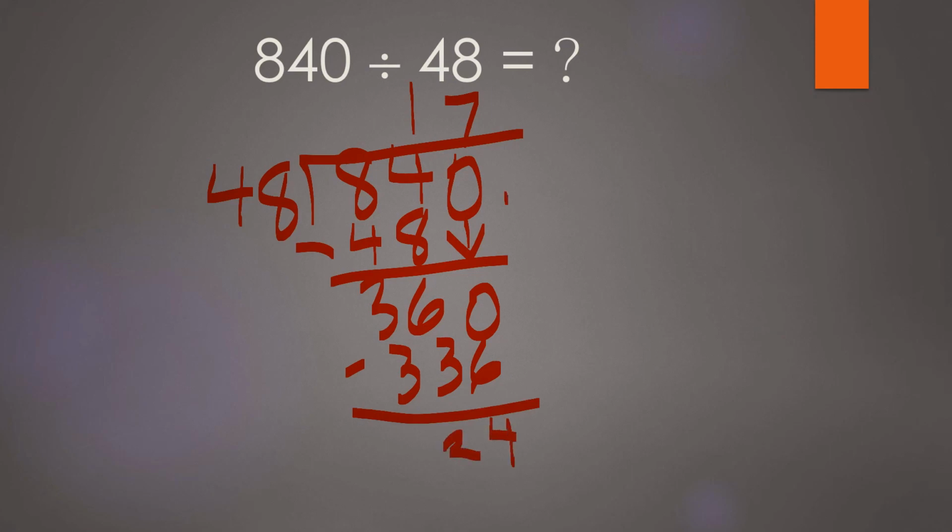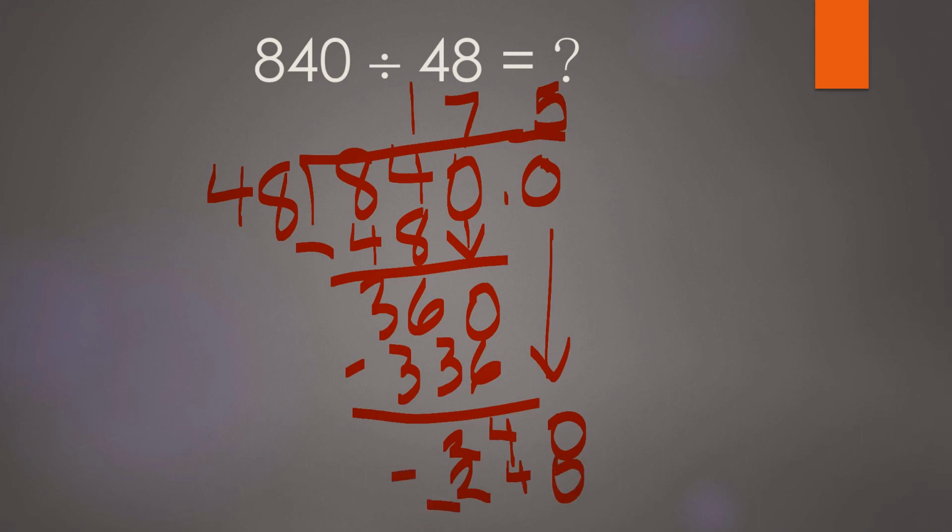So we'll have to add a decimal and another 0. And bring that down. 48 goes into 240 5 times. 5 times 48 equals 240. 240 minus 240 equals 0. And then, of course, we're going to bring up our decimal point. So as a decimal, our answer is 17 5/10.